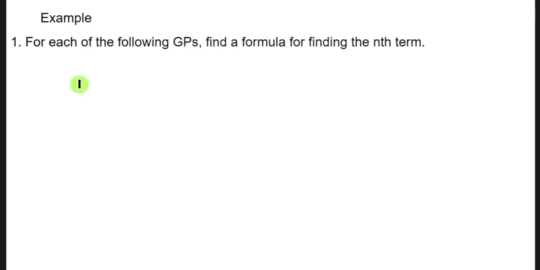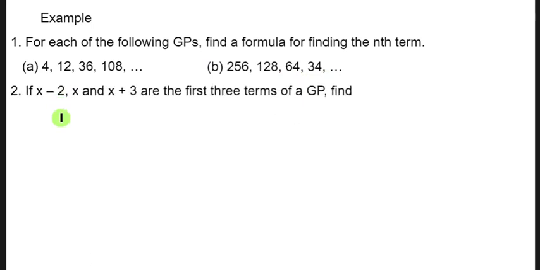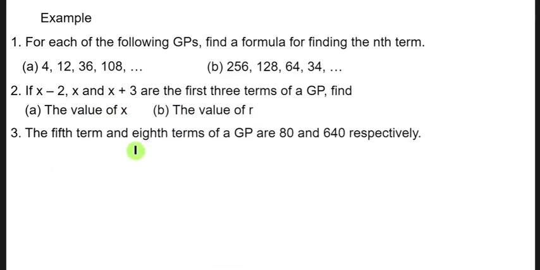We have A, 4, 12, 36, 108, and B, we have 256, 128, 64, 32. Then 2, if x minus 2, x and x plus 3 are the first three terms of a geometric progression, then they say find A, the value of x, then B, the value of r, then 3, the fifth term and the eighth term of the geometric progression.